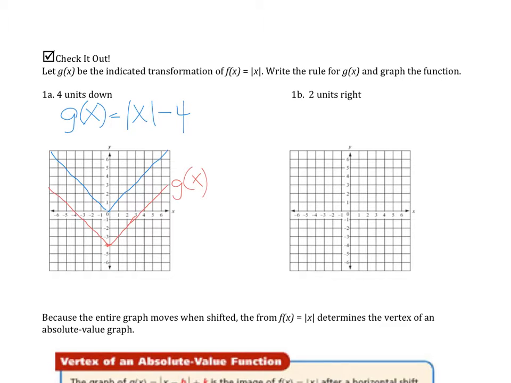The first one is going down, so it goes outside the absolute value, and you just subtract 4. So the vertex is moving down from 0, 0 to 0, negative 4.